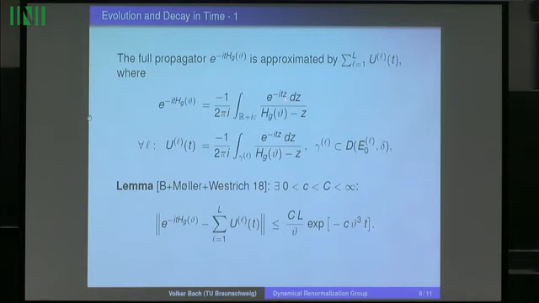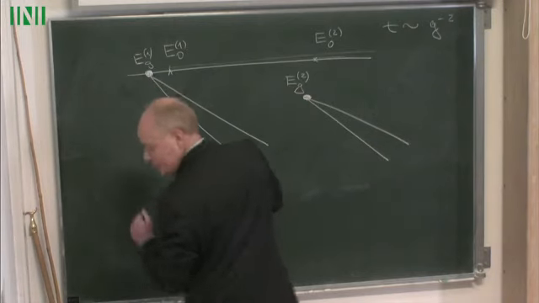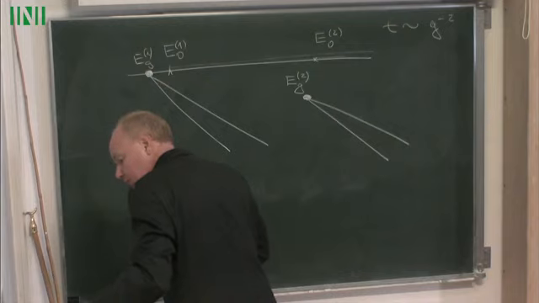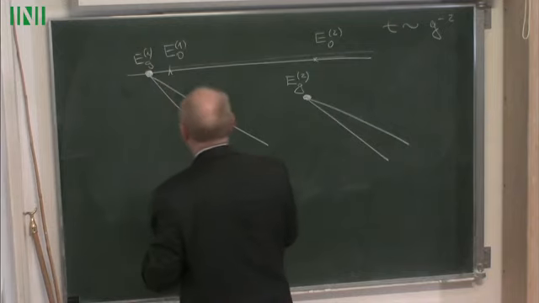And then I define in the line below an approximate propagator at level L for time t, and this is so to say the part of this contour integral. This contour integral runs along just above the positive real axis, and let me indicate this here.